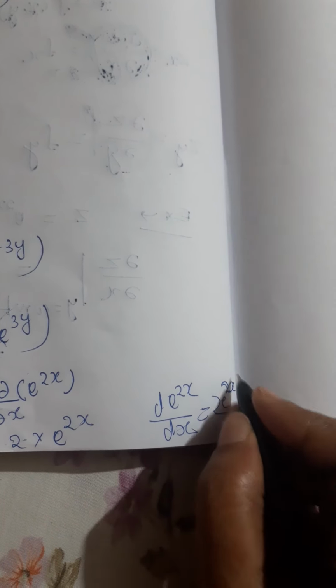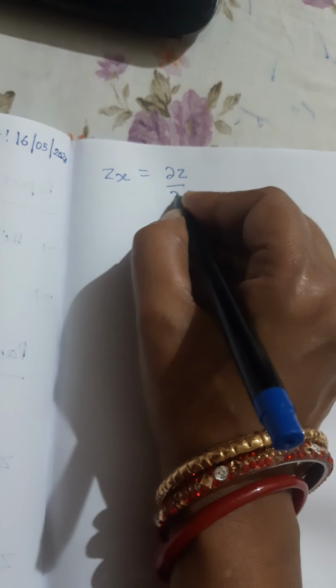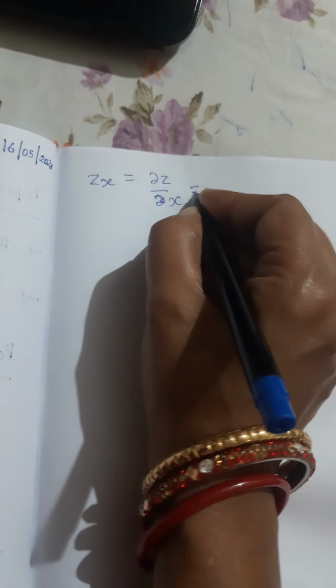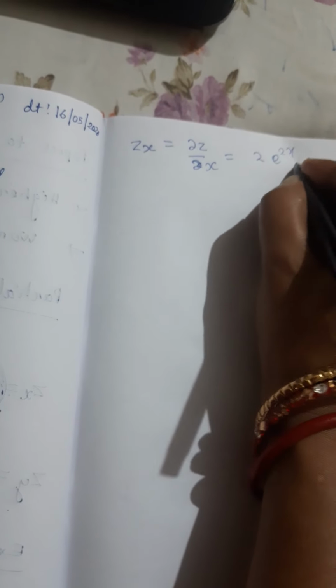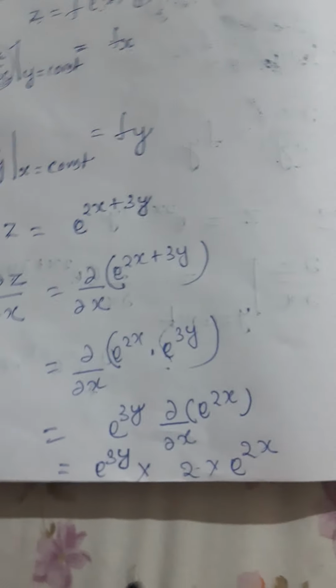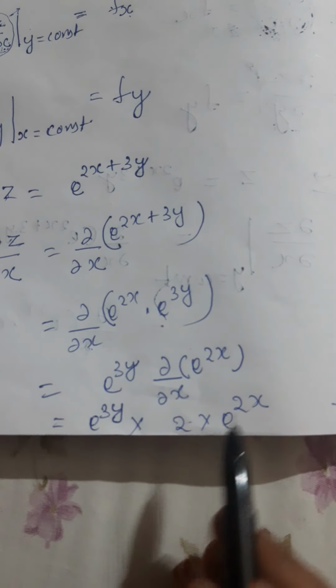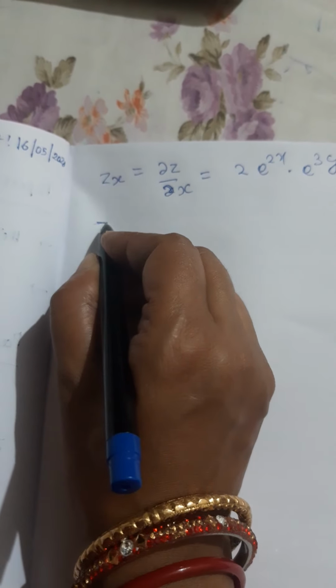That is 2 e to the power 2x. So at last you have zx, that is, del z by del x is equal to 2 e to the power 2x into e to the power 3y.